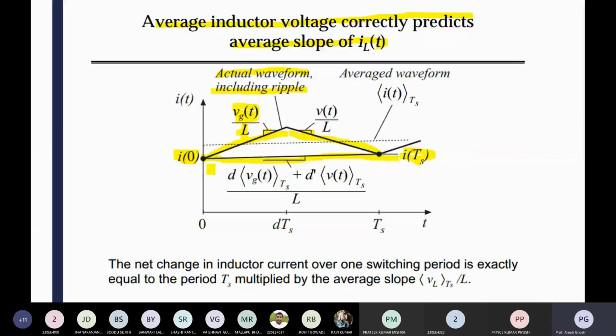Sometimes it happens that I0 and I(Ts) are not at the same level. When that happens, the periodicity of the state variable, or of the phase portrait, has changed. If both are at the same level, that line is parallel to your time axis. If not, the periodicity has changed.